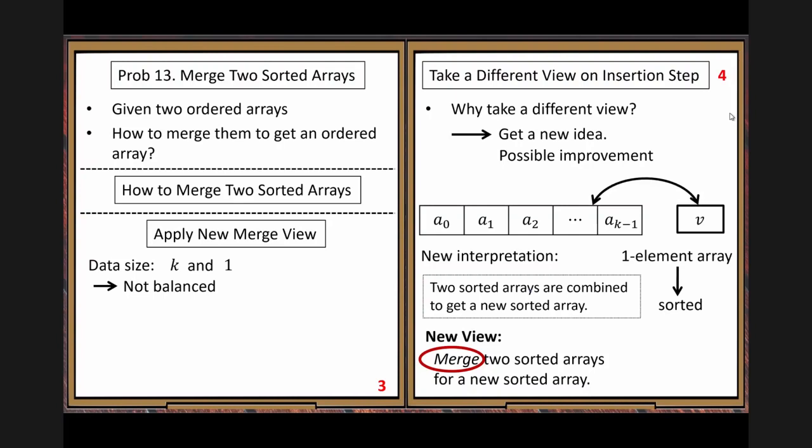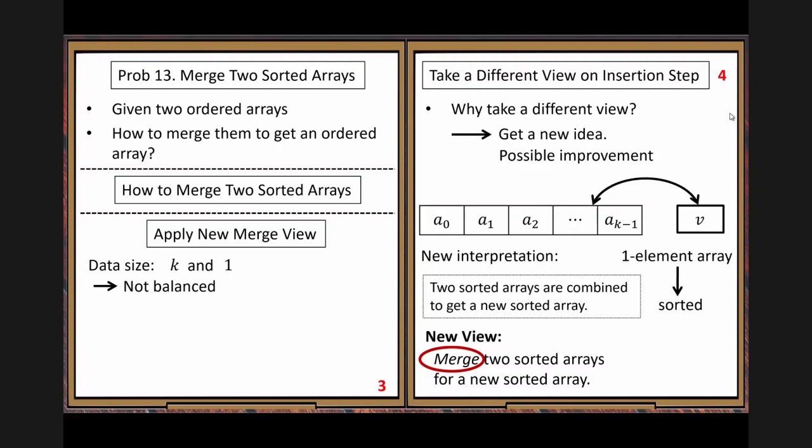It's not a balanced data split. If you have freedom to choose, you don't want to make this kind of split. If you do not have the freedom, then you can only take it. But if you have some freedom to choose how to split your data, you won't make this split.